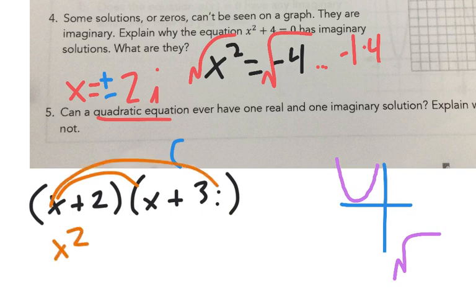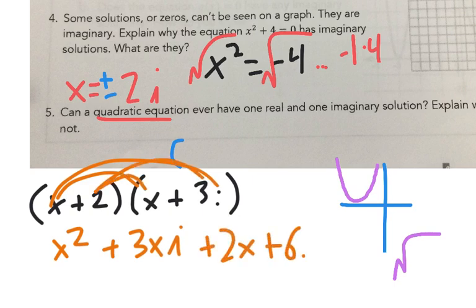X squared plus 3xi plus 2x plus 6i? And that's standard form. Do I have any like terms? No, I got nothing I can combine. Was that what a quadratic looks like? No, in standard form it should be of the form ax squared plus bx plus c.